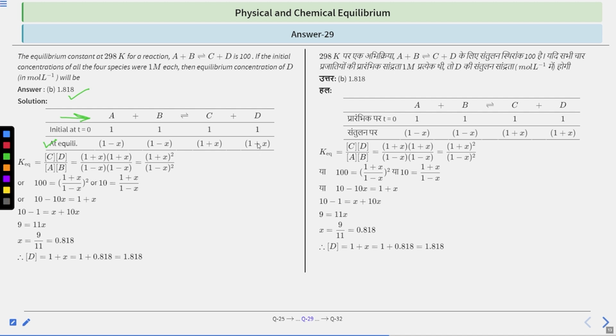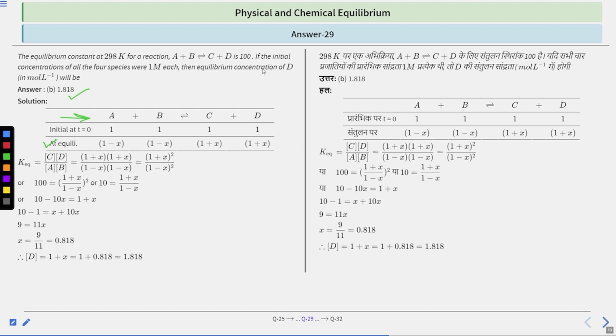The equilibrium constant will be the concentration of products divided by the concentration of reactants, so CD divided by AB: 1 plus x into 1 plus x divided by 1 minus x into 1 minus x. So it is 1 plus x whole square divided by 1 minus x whole square.